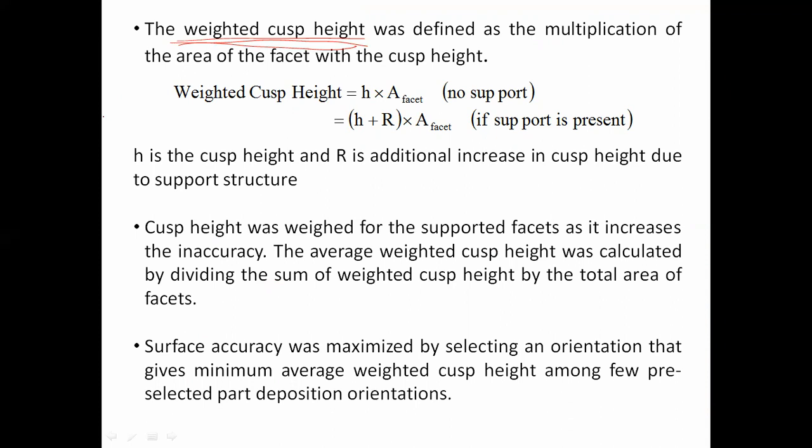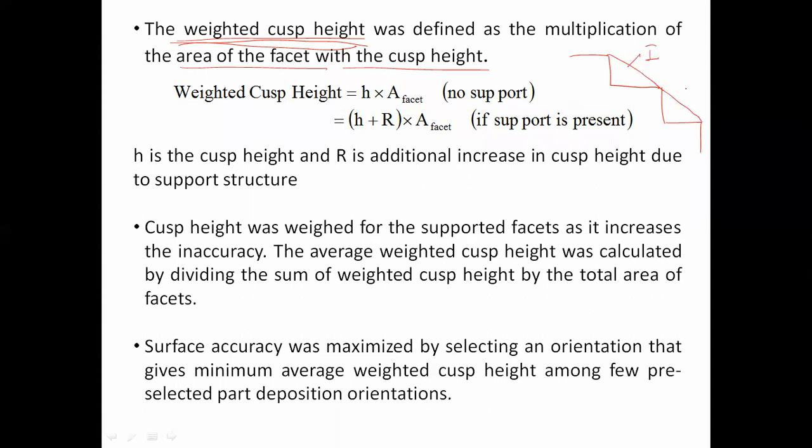Now, what is weighted cusp height? Weighted cusp height was defined as the multiplication of the area of the facet with the cusp height. Suppose you had this staircasing. This is the first facet and this is the second facet.